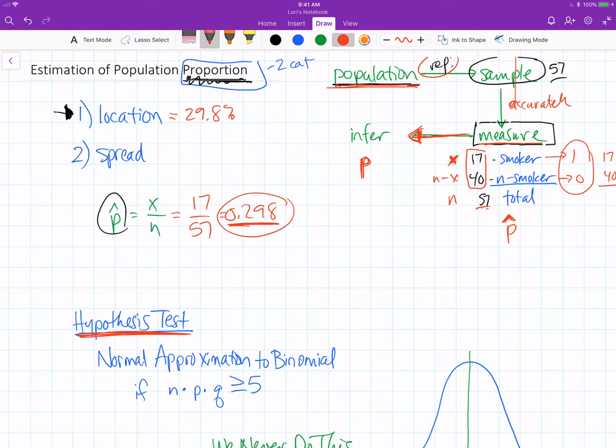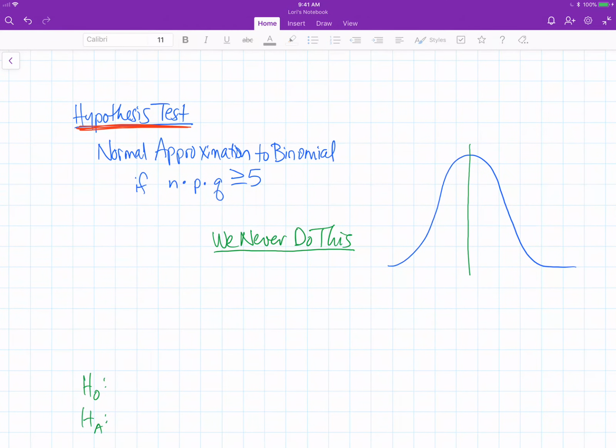Now that we have our point estimate, we want to test some kind of value, whether what we found is equal to that particular value. And before we do the actual hypothesis test, I want to take a look at a little bit of the numeric reasoning behind it, and that is that we are able to use something similar to what we used when we were sampling means, even though we're testing something that has this binomial quality.